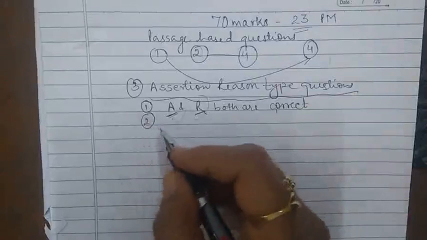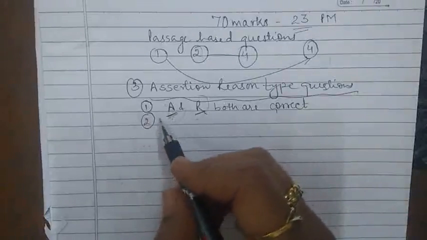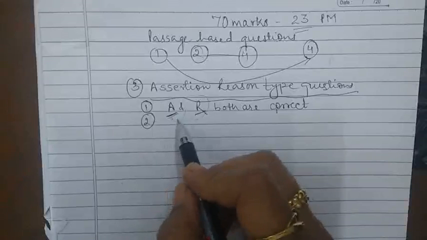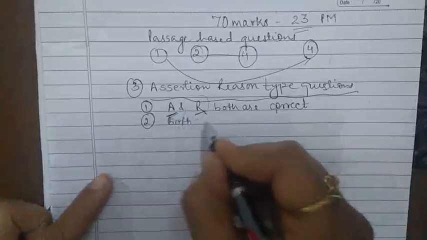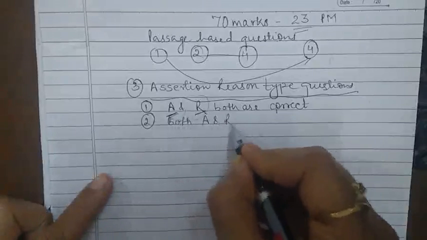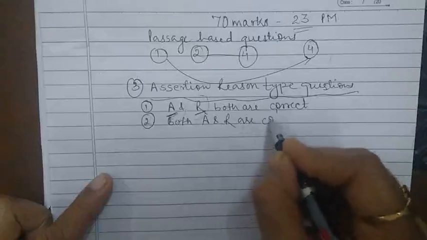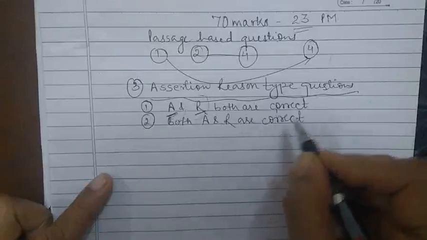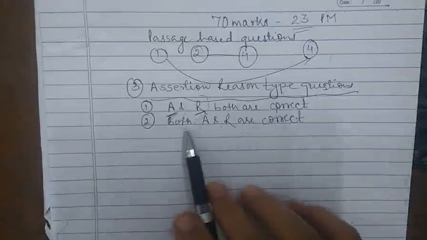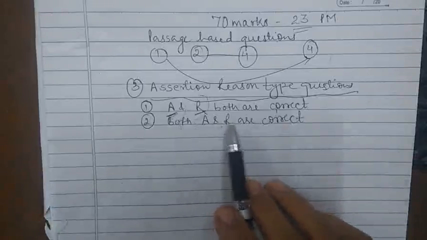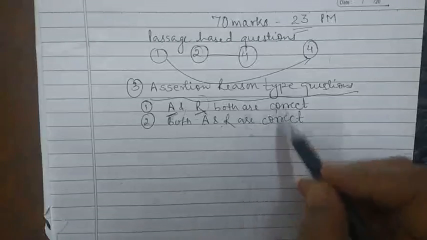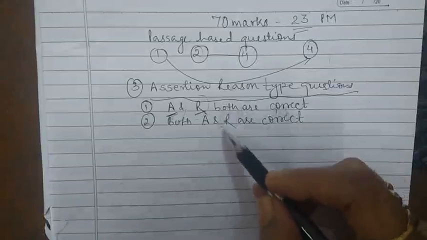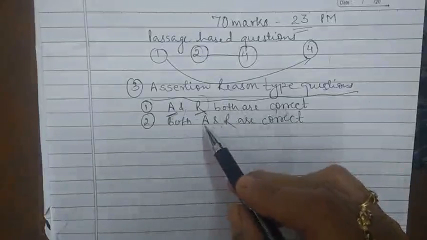The second point is: both assertion and reason are correct, but reason is not the correct explanation for the assertion.